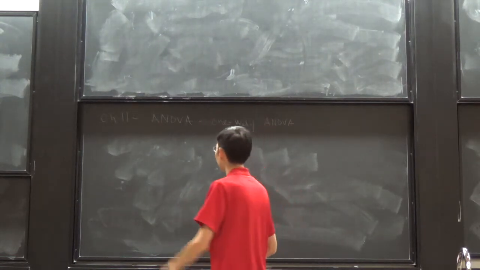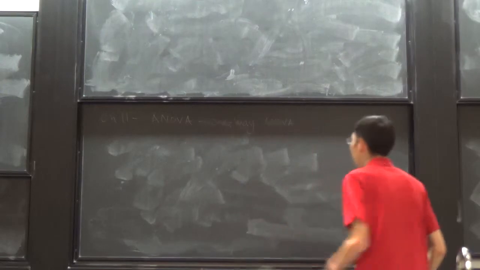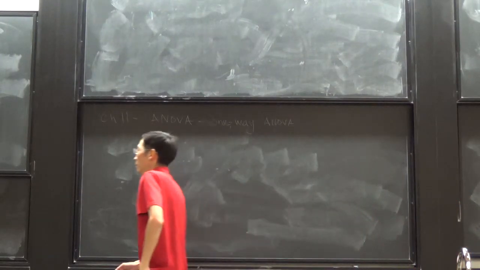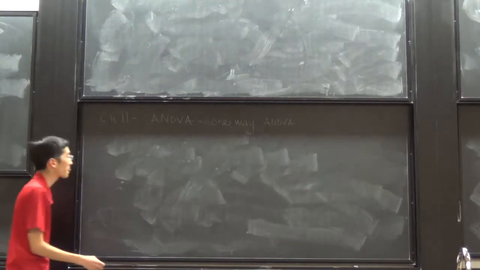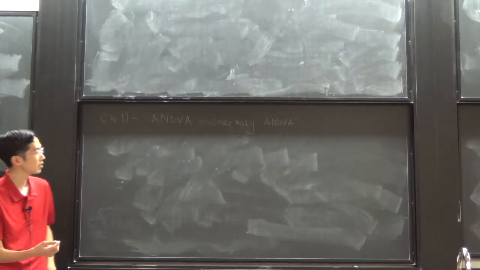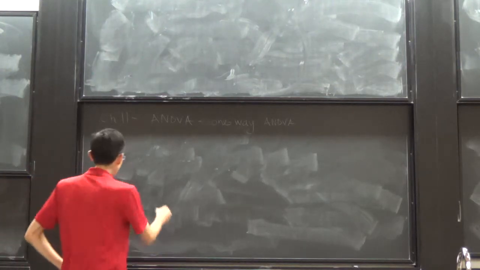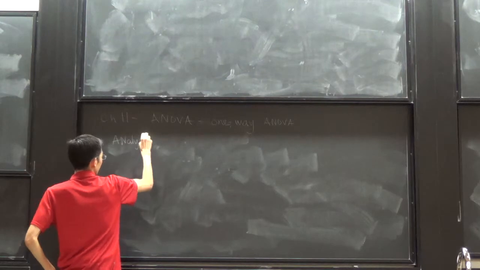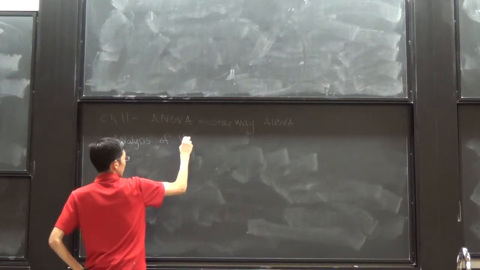All right. So let's talk chapter 11, ANOVA, one-way ANOVA. ANOVA stands for Analysis of Variance.